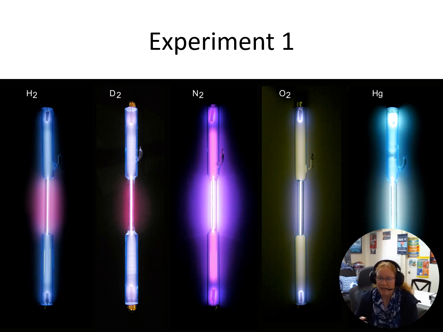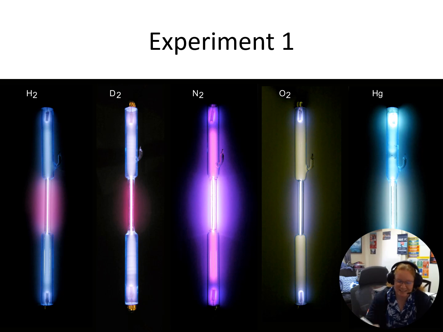Deuterated hydrogen is simply isolating just that isotope that has one proton and one neutron. You can see the hydrogen and the deuterium are the same color, it's just the intensity is a little bit different, as deuterium's heavier. So they're all different. Every single element produces a different color.